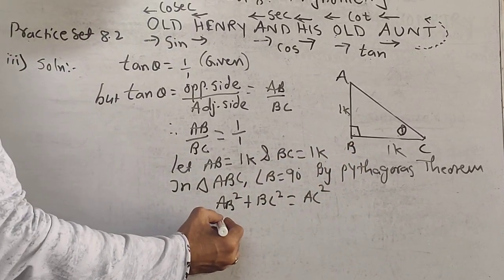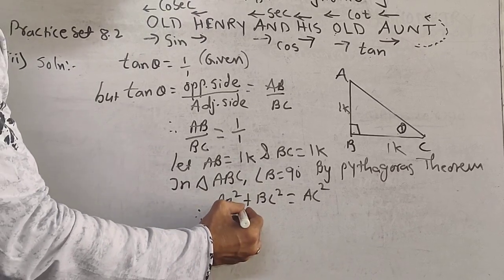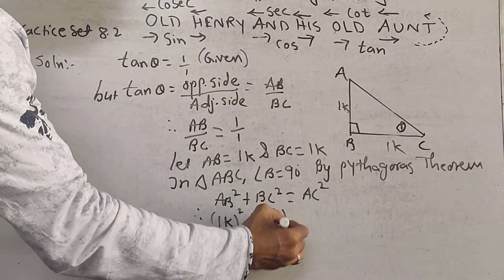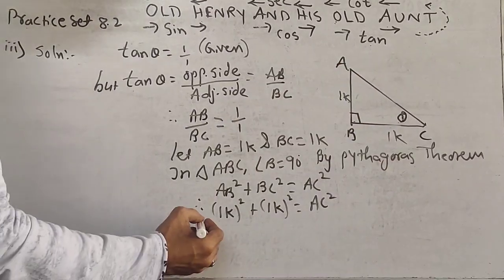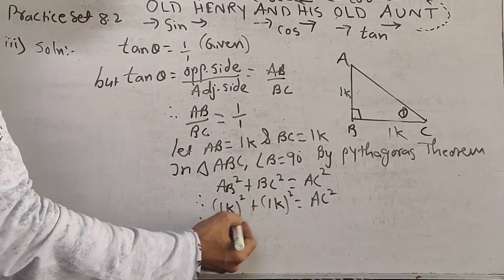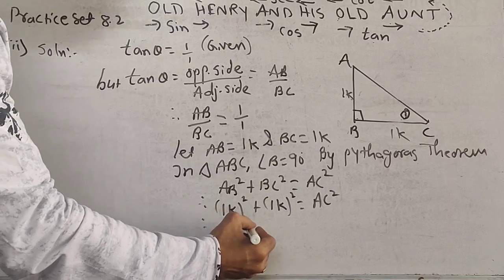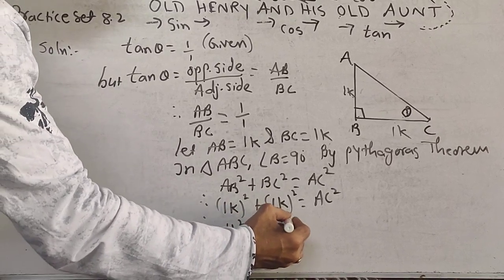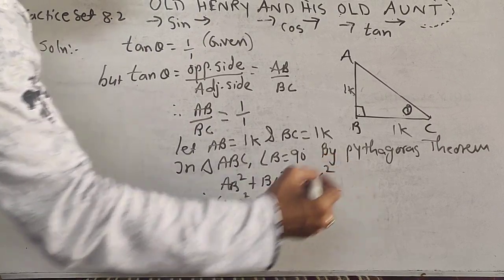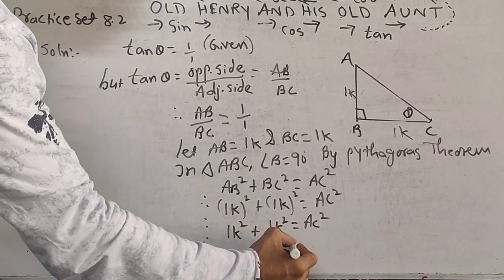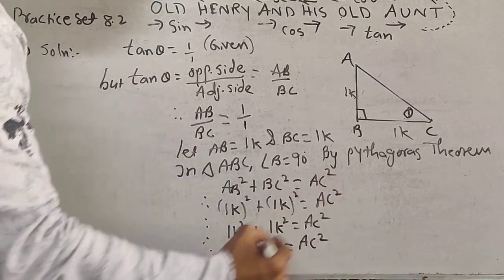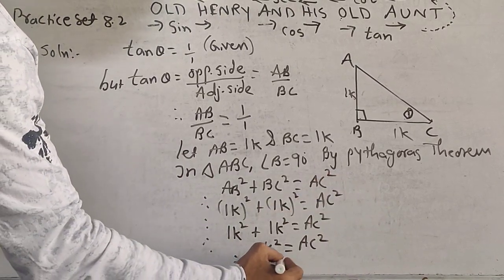Now AB is 1k, so 1k the whole square. BC is also 1k, 1k the whole square is equal to AC square. So इसका हो जाएगा 1k का 1 only, 1k square plus 1k square is equal to AC square, and therefore 1 plus 1 will be 2k square is equal to AC square.